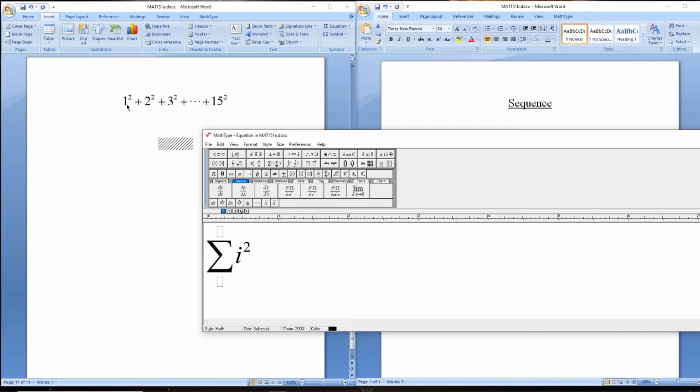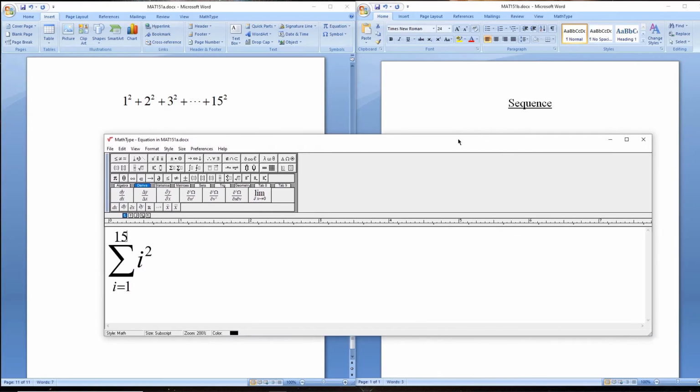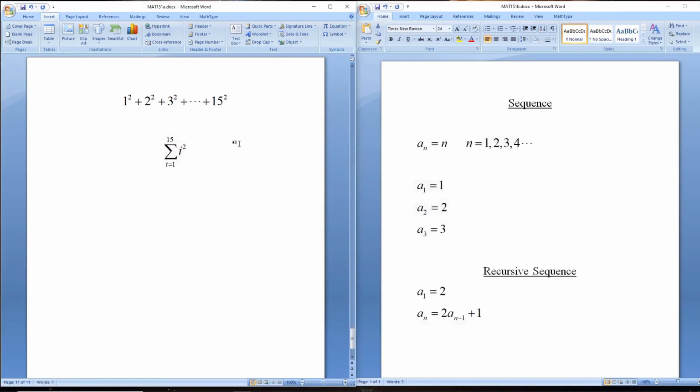So this summation of numbers we're seeing here can be represented by i squared, where i would start at 1, so that would give us our 1 squared, and then the summation ends at 15, which gives us that 15 squared. And that's our answer for our summation.